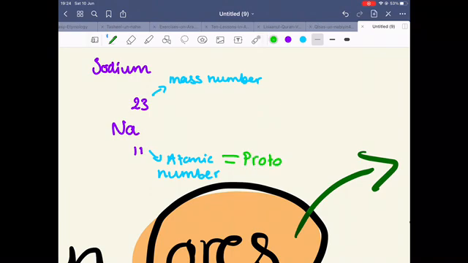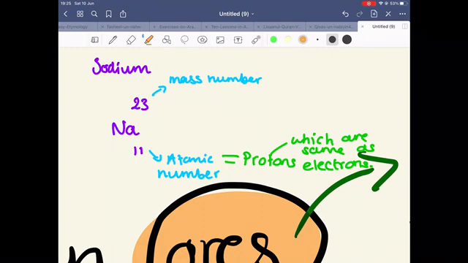And remember, the protons is the same as the electrons. So if sodium has 11 protons, it therefore has 11 electrons. And that's something important that you need to know when you're drawing the actual atomic structure. Now, if we know that the protons and electrons are both 11, how do we know the number of neutrons? Well, all you do is the mass number minus the atomic number.